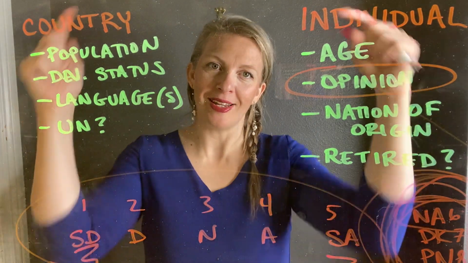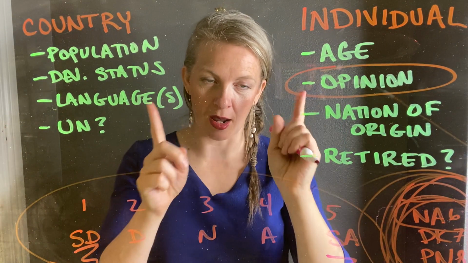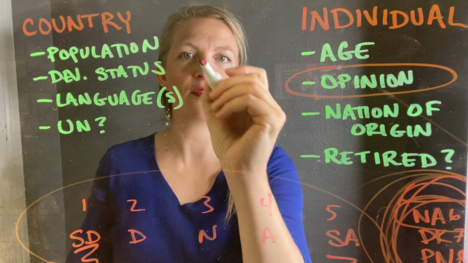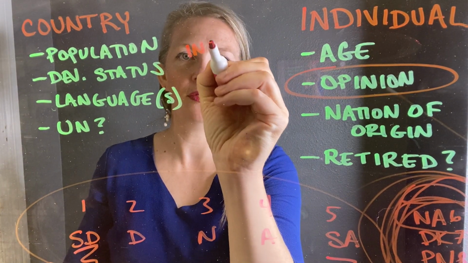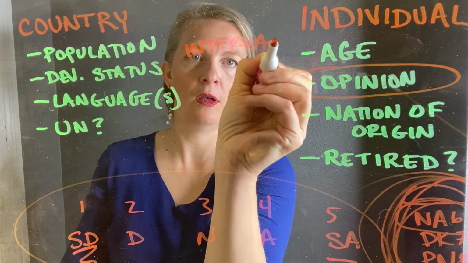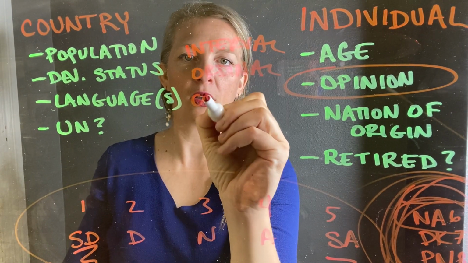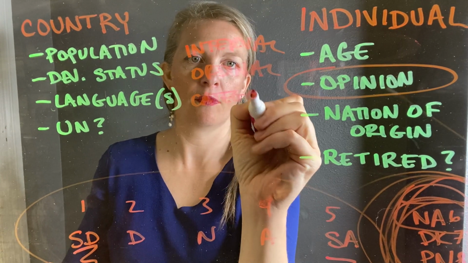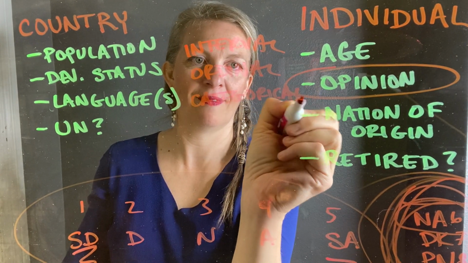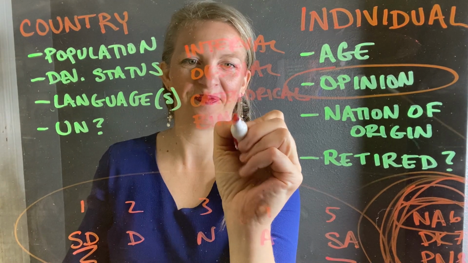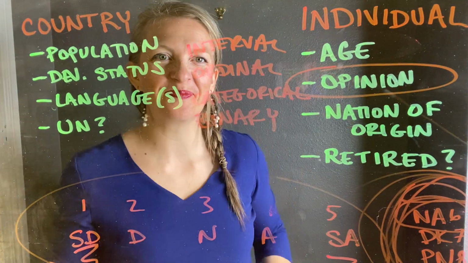So we can go down in levels of measurement, but not up. And again, those levels of measurement are interval, ordinal, categorical, and binary. There you go.